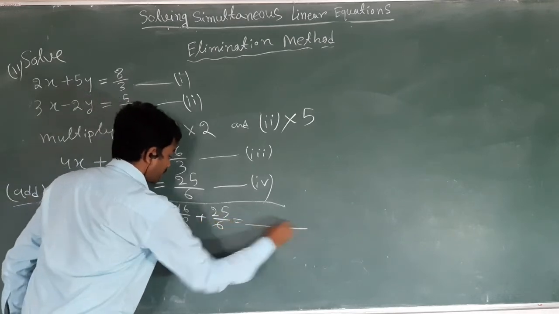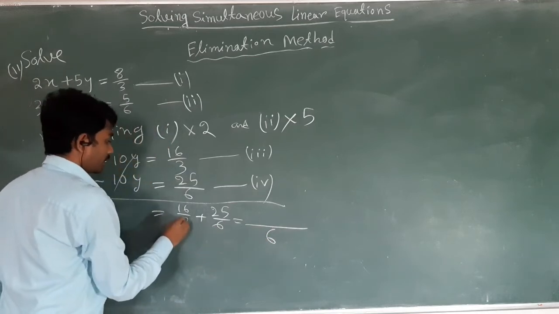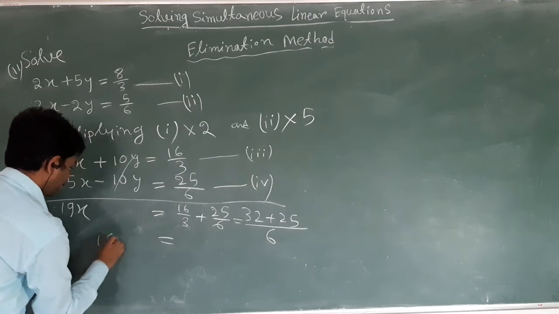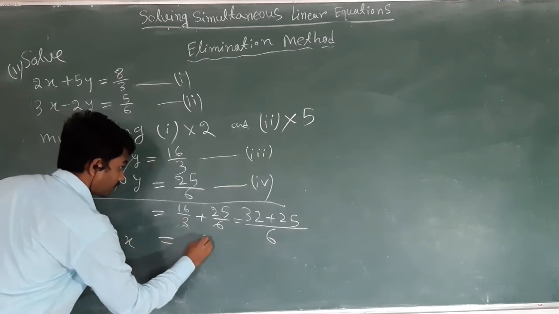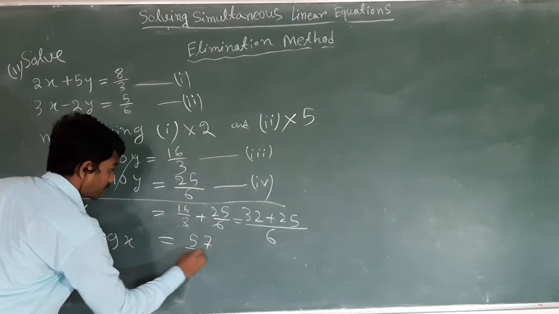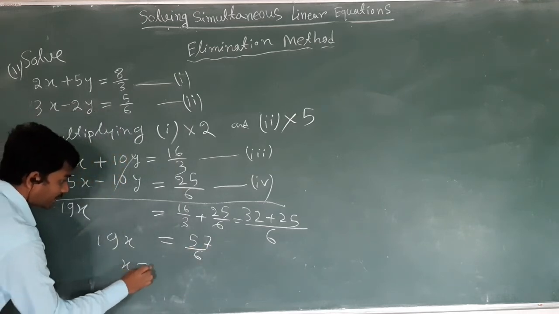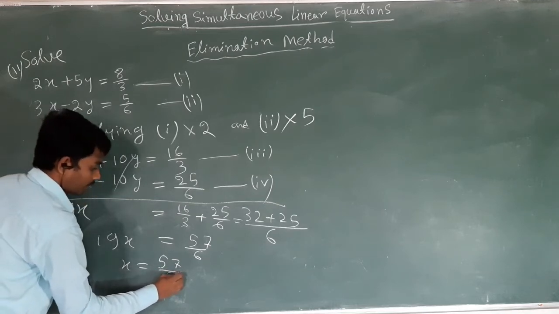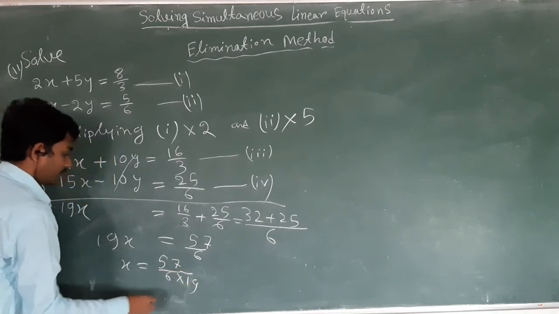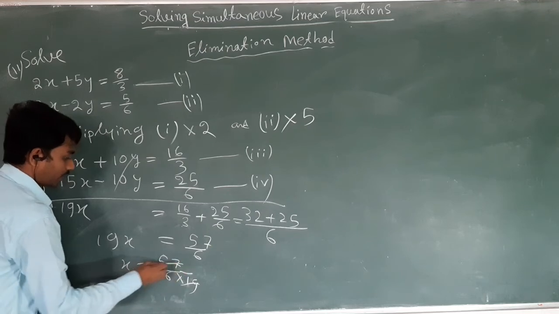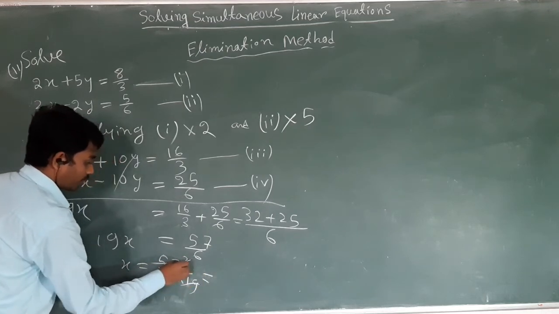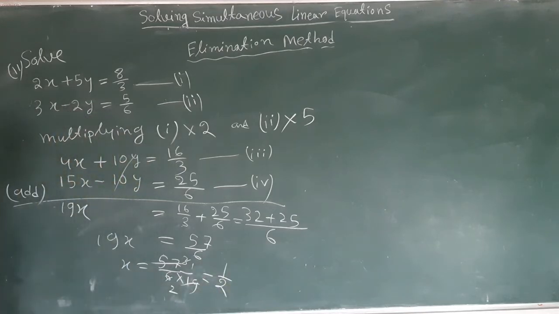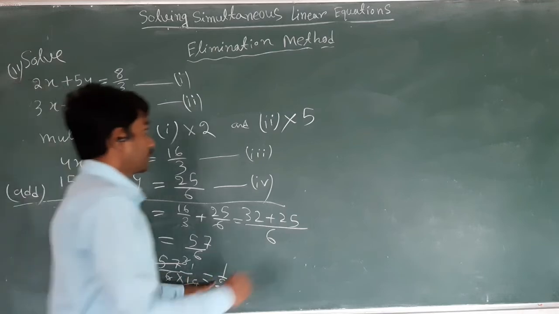So LCM will be 6 and 32 plus 25 is equal to 57 upon 6. So x is equal to 57 upon 6 multiplied by 1 upon 19. So 3 1 is 3, 3 2 is 6. So 1 upon 2.